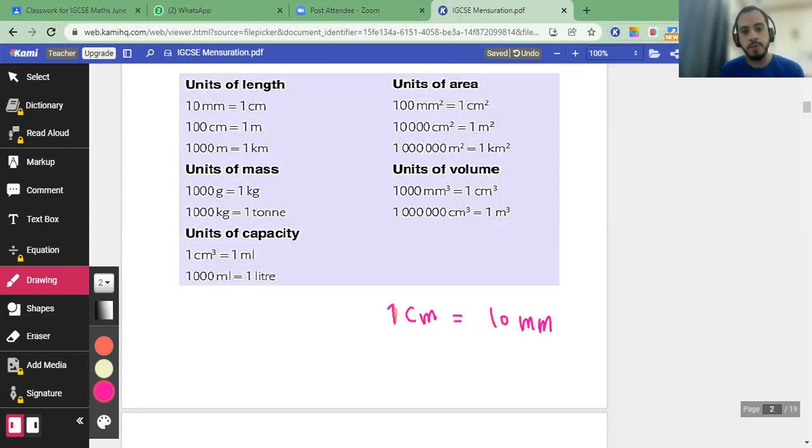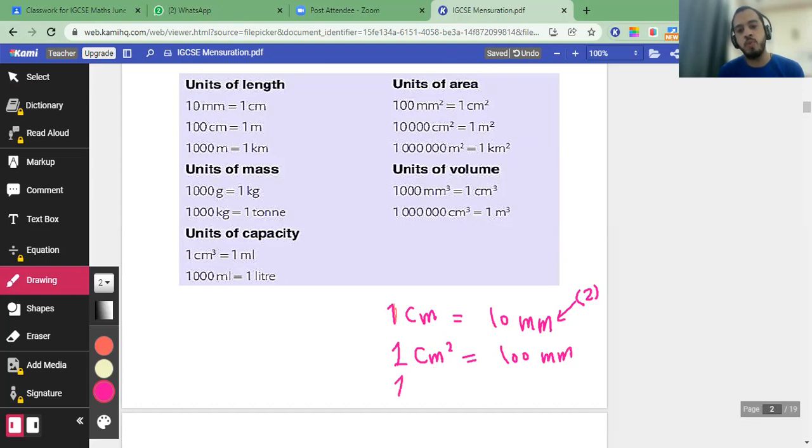Then here, if you want to find the square centimeter, so 1 square centimeter, what you need to do is to put square here. So 10 square is what? 100 square millimeter.